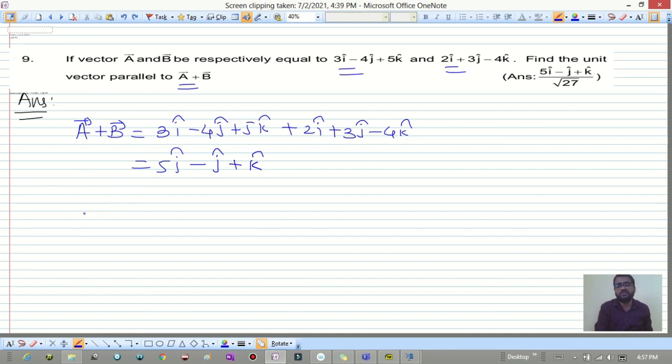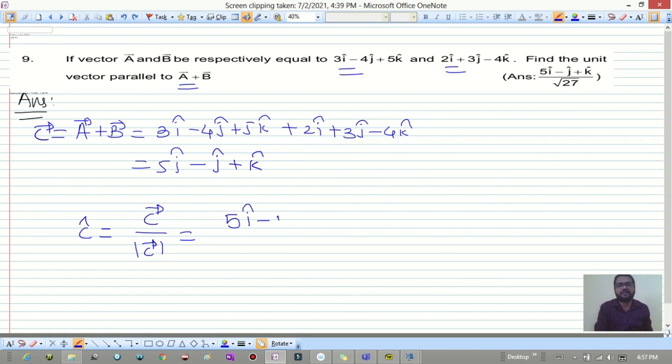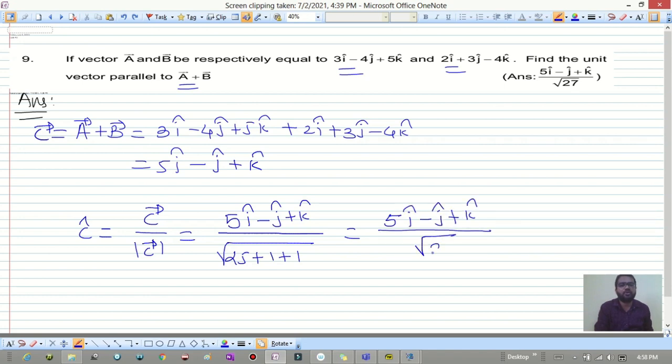So we want unit vector in this direction. Let us consider this as c bar. So c hat we have is c bar divided by magnitude of c bar. So what is c bar over here? 5i hat minus j hat plus k hat divided by root of 25 plus 1 plus 1. So it will become 5i hat minus j hat plus k hat divided by root 27. So this is the 9th question which we have.